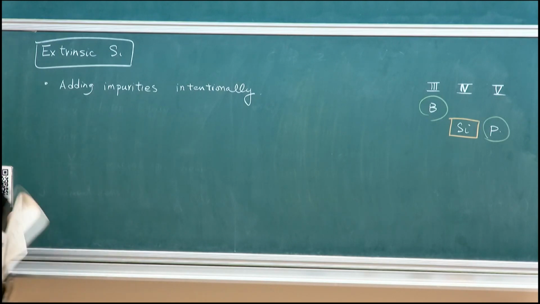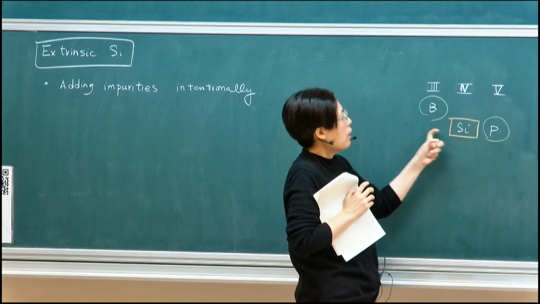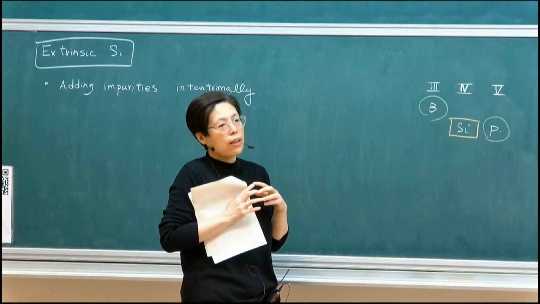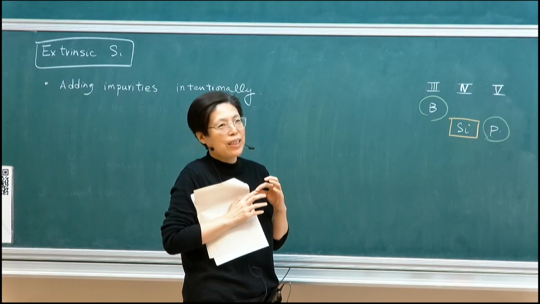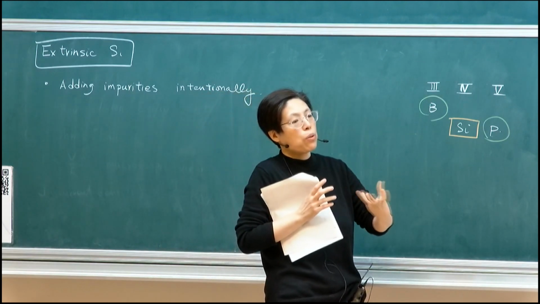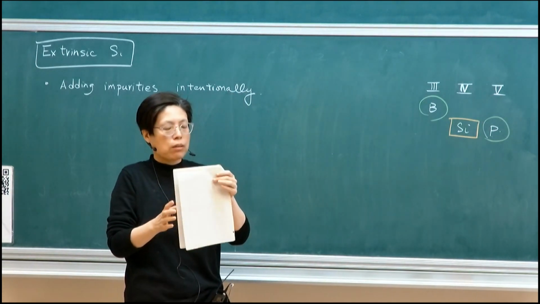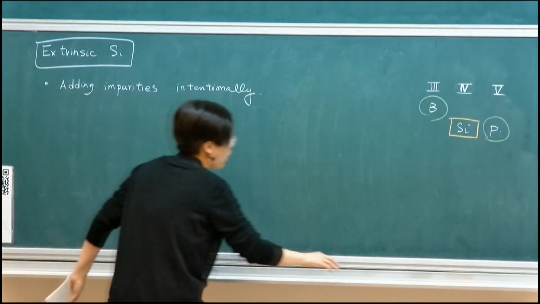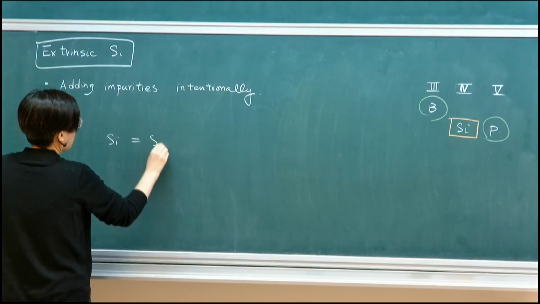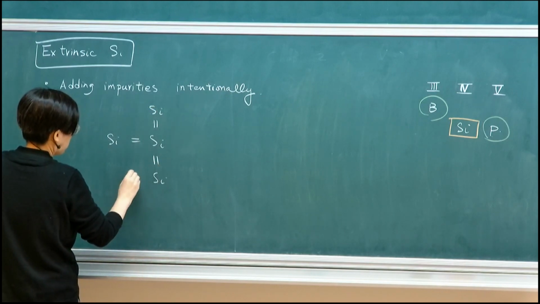Meaning that if I look right on the right, phosphorus is fine. On the left is aluminum. The problem with aluminum is that it's not a very stable atom in silicon. It does not bond with silicon very well, even though it's its neighbor. So first I want to start with talking about neighbors. So I have my silicon crystals.